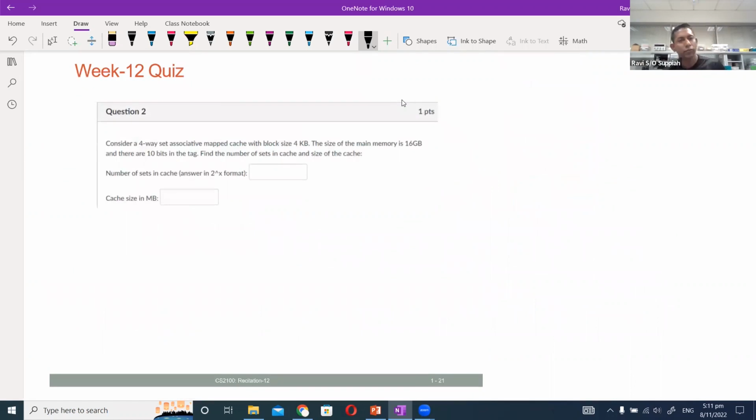So we are given this 4-way set associative cache with a block size of 4 kilobyte. The main memory is 16 gigabyte, and there are 10 bits in the tag. So if the main memory is 16 gigabyte, how many bits are there in total?